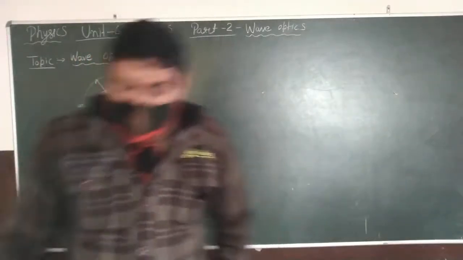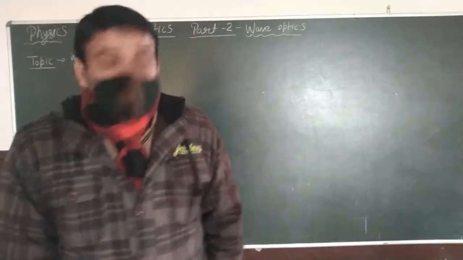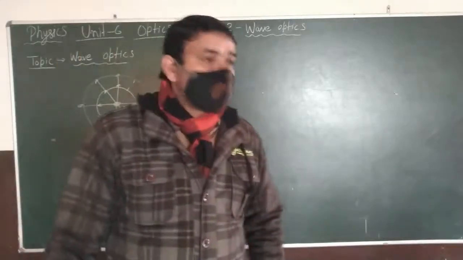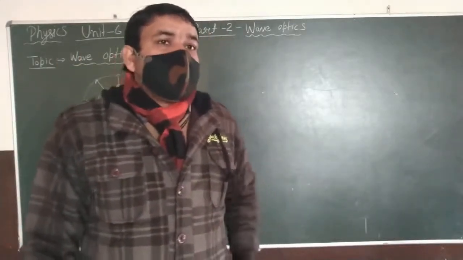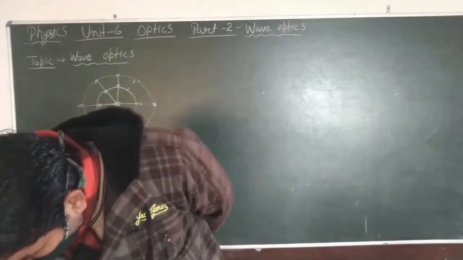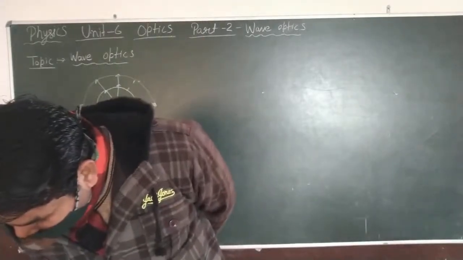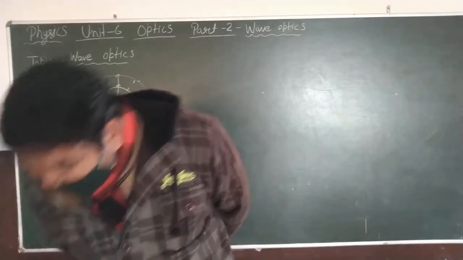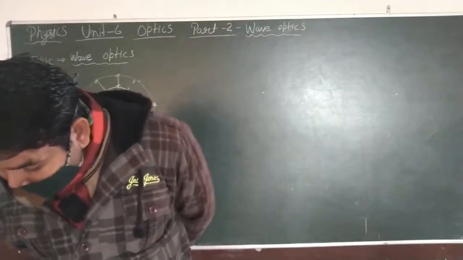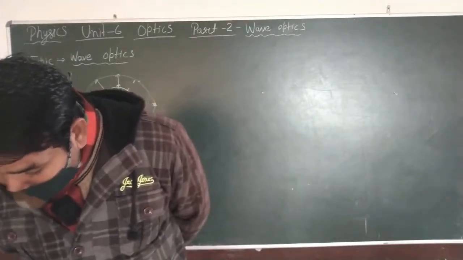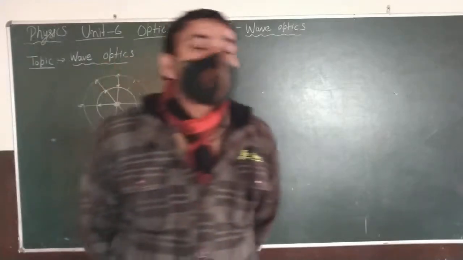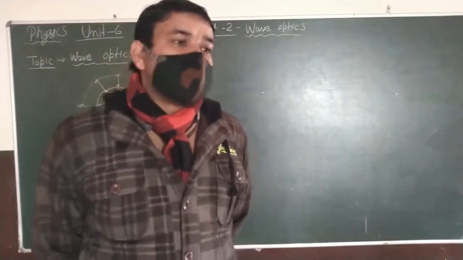After that, the electromagnetic theory occurred. On the basis of this electromagnetic theory, James Clerk Maxwell explained the photoelectric effect and the Compton effect, but on the basis of it he could not explain the phenomena related to ray optics.